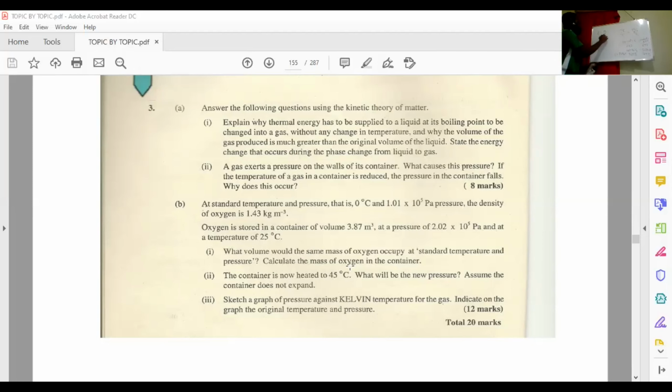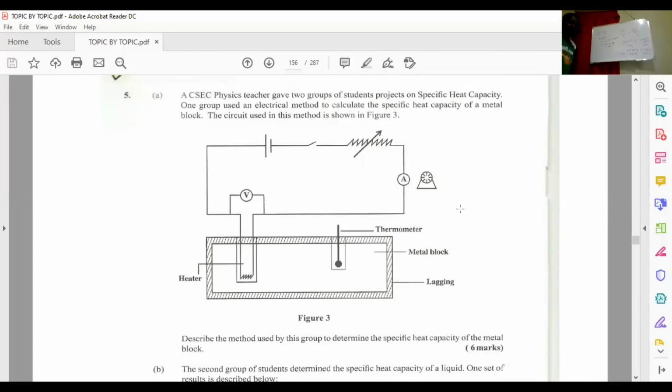So mass is equal to density times volume. The density is 1.43 and the volume is 7.09, and we get 10.14 kilograms.